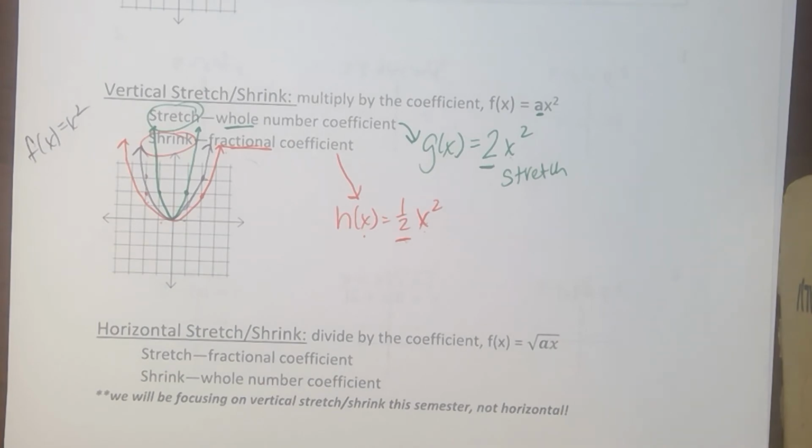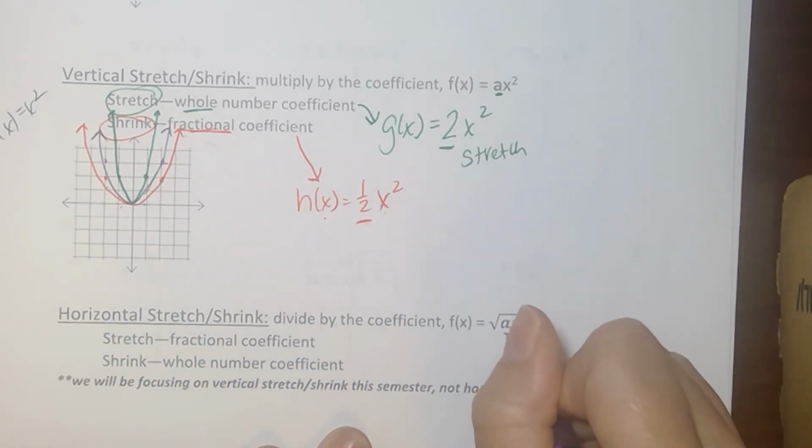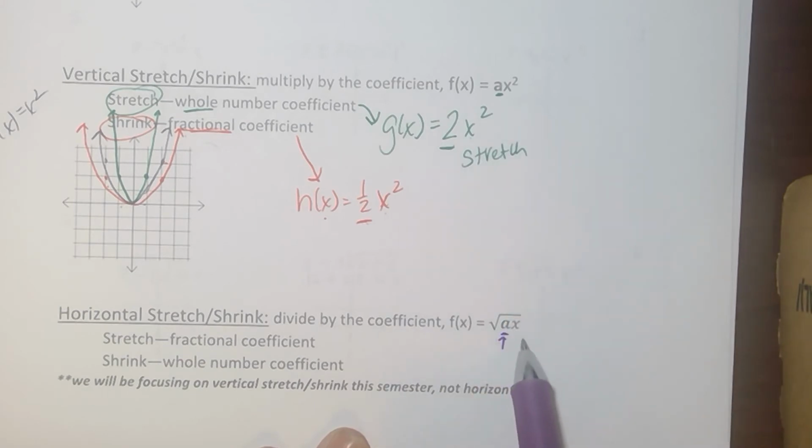Now again, one last time, we focus on vertical stretches and shrinks this semester, but if I have a horizontal stretch or shrink, that coefficient shows up attached to the x inside whatever the function is, and it works the opposite way.